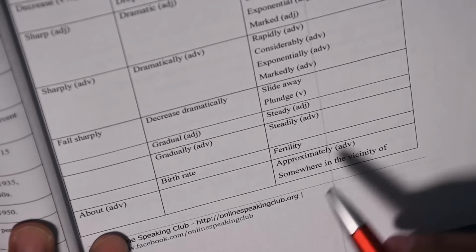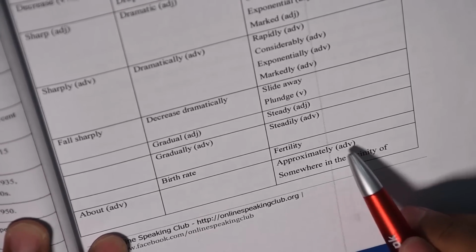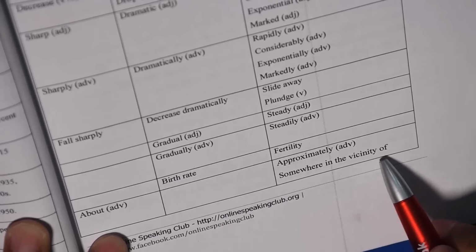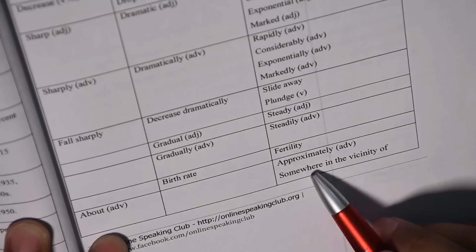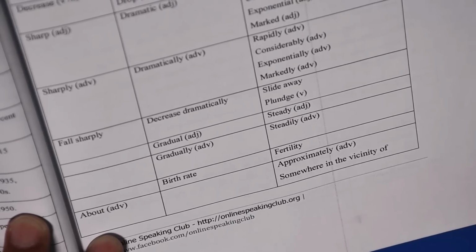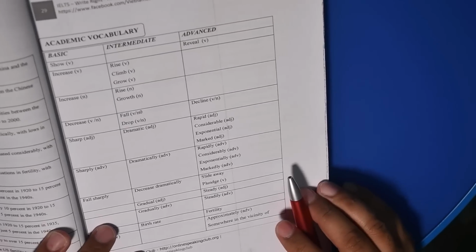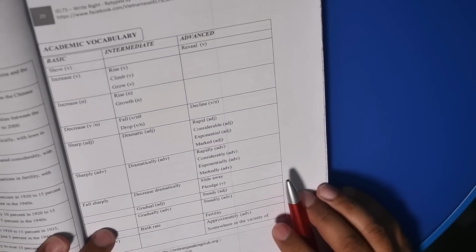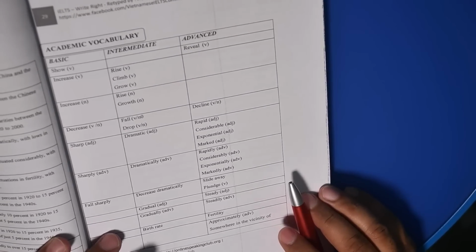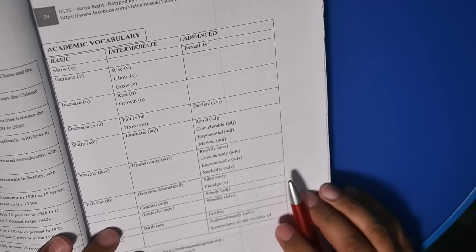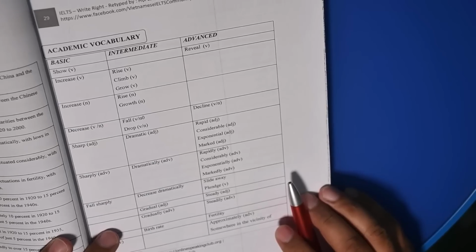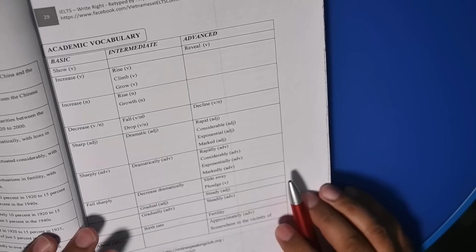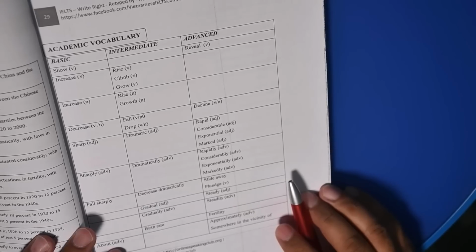Instead of about, you can use the word approximately, somewhere in the vicinity of, approximately 1000, somewhere in the vicinity of 1000. Alright guys, that's all. This was a little overview and the difference among the sentences of band score 5, 6, 7. So you have to follow them.